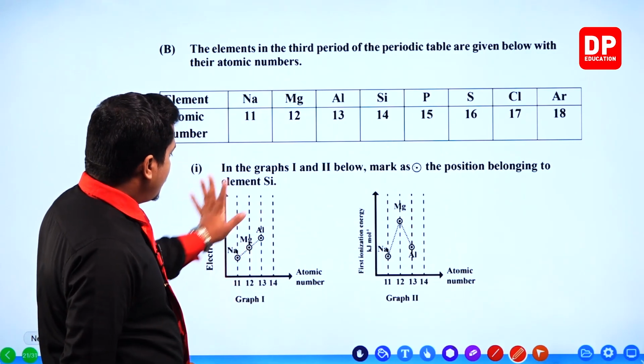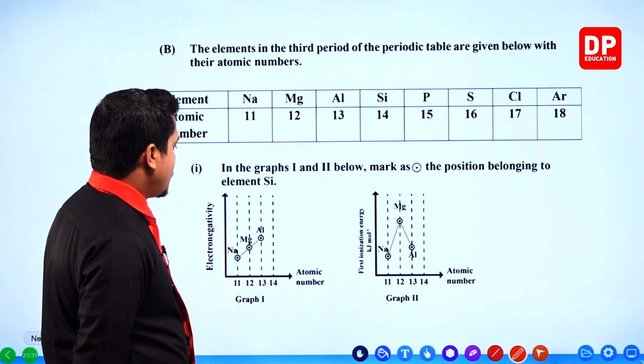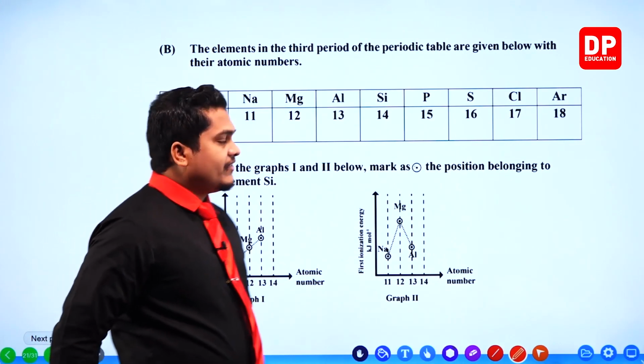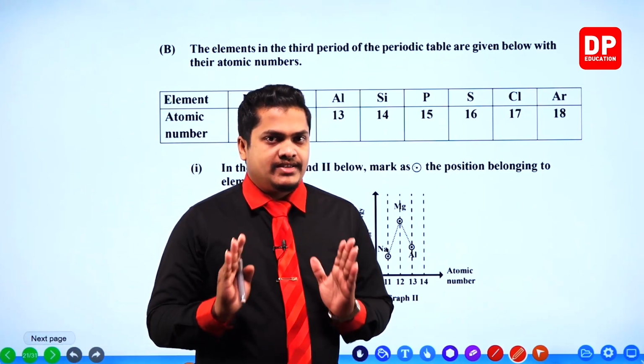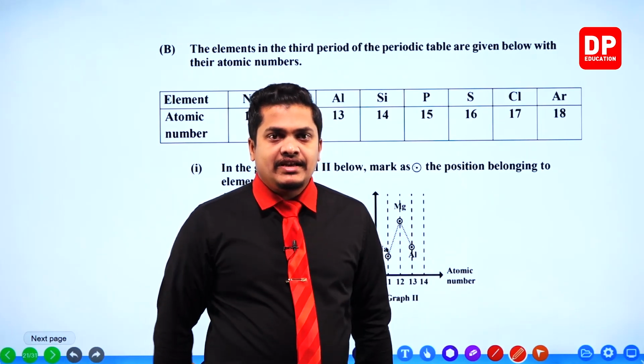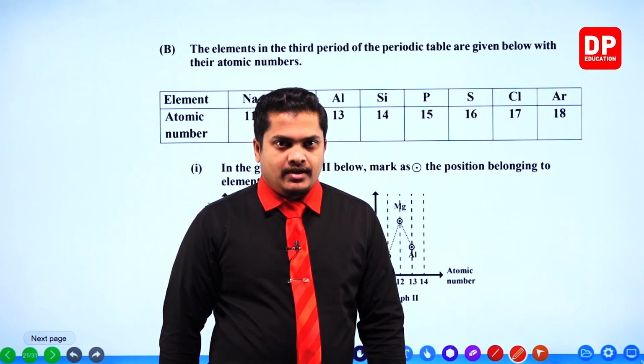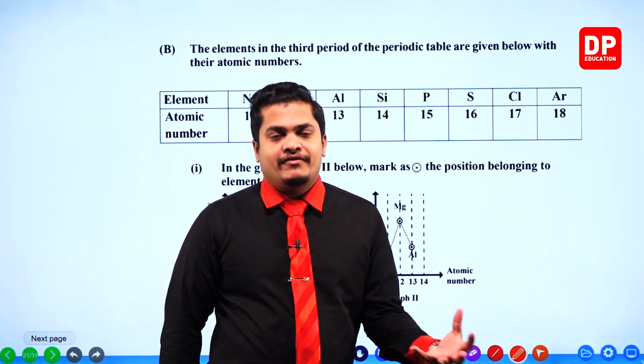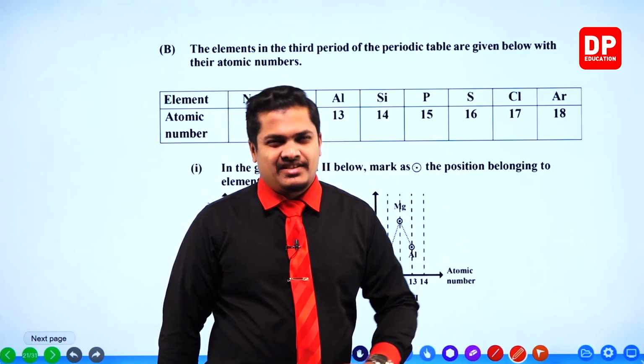So the first table shows the electronegativity, my dear children. The variation of electronegativity is quite simple. When moving from left to right, gradually the electronegativity increases. Electronegativity means ability of attracting electrons in simple terms.